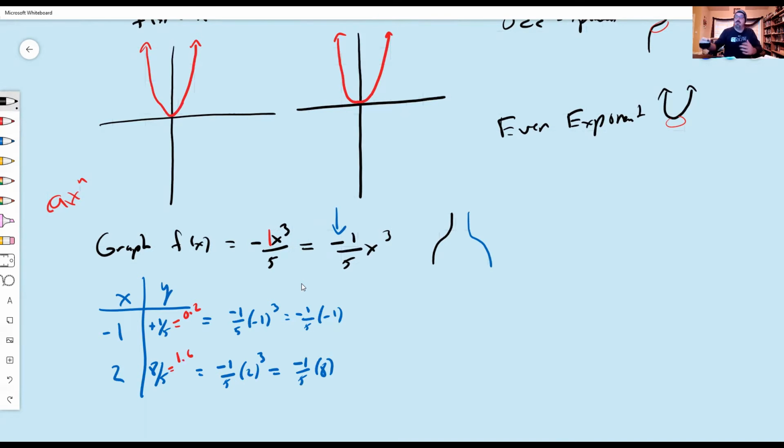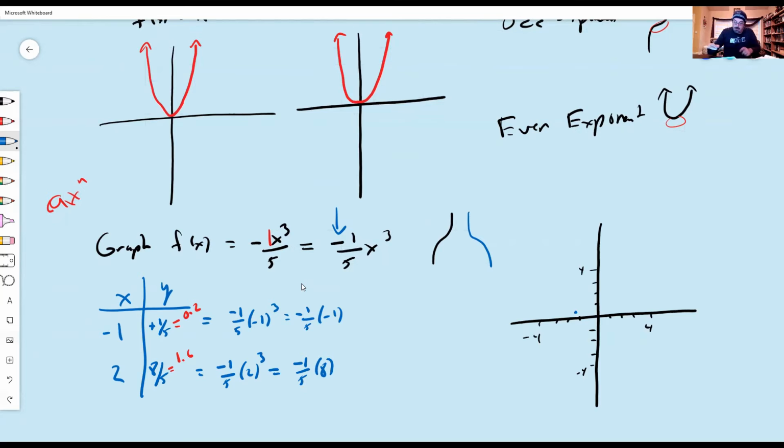If that helps you graph the picture, go ahead and do it. So here we are. With the point minus 1, 1/5: at minus 1, we're just barely up here, so like right there. At 2, we're at 1.6.